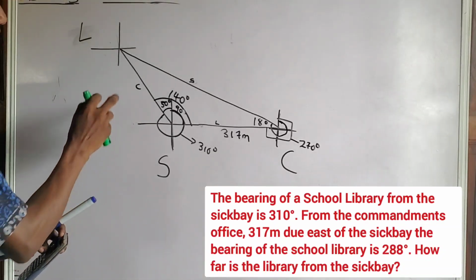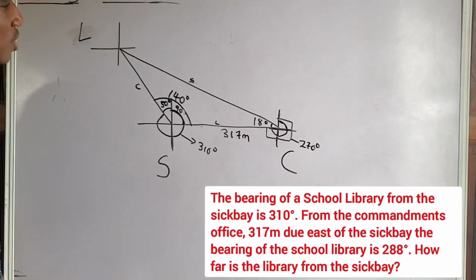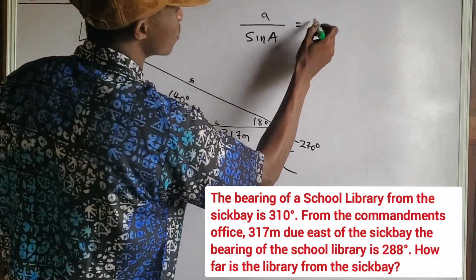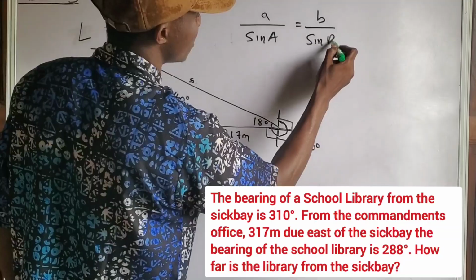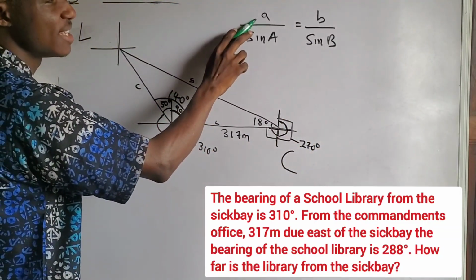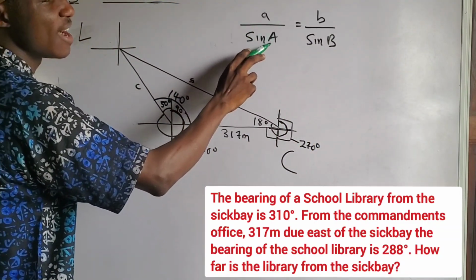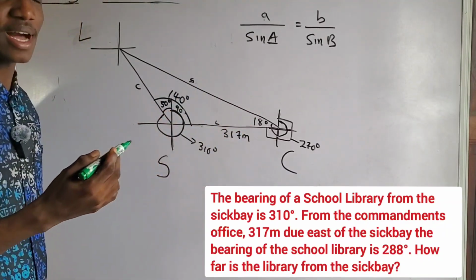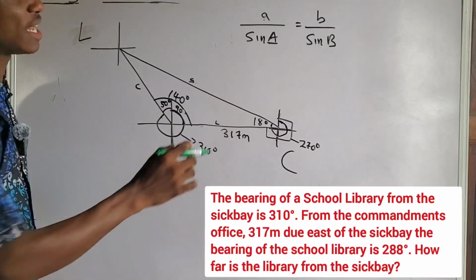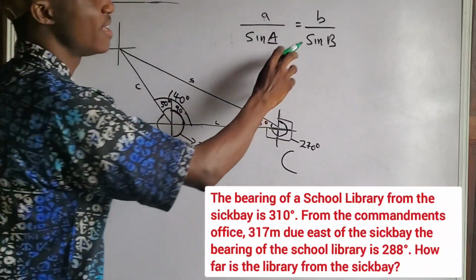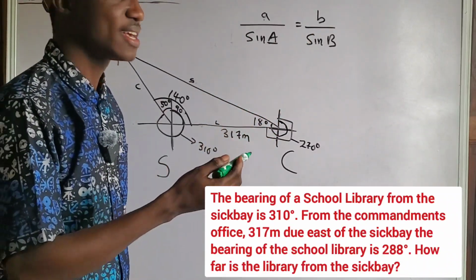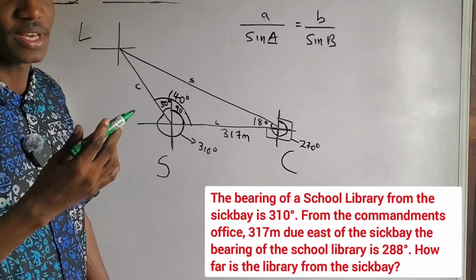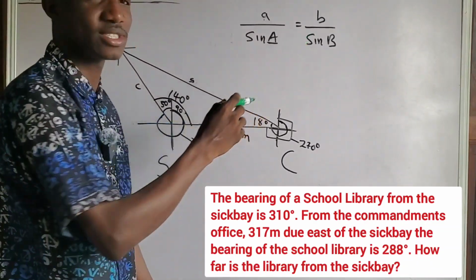According to the sine rule, a over sine A equals b over sine B, where small a is a side and capital A is the angle that side a faces. And b is also a side, and capital B is the angle that side b faces.